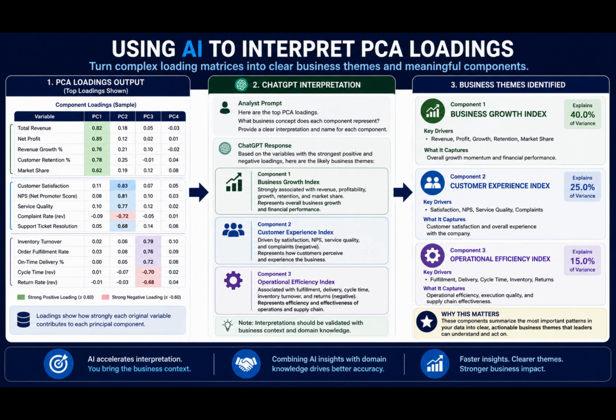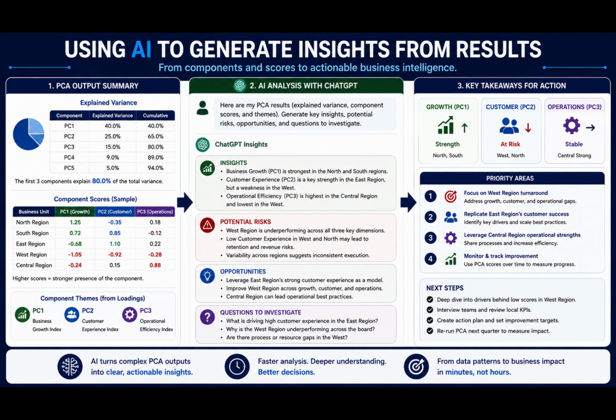Customer satisfaction, Net Promoter Score, and service quality may become a customer experience index. The analyst still makes the final decision, but AI helps translate complex loading tables into clear business themes that executives can understand.